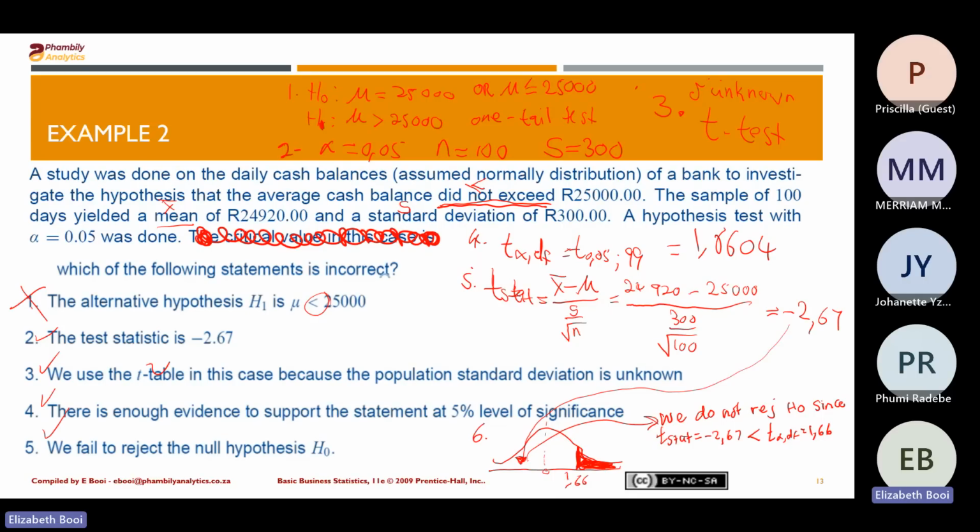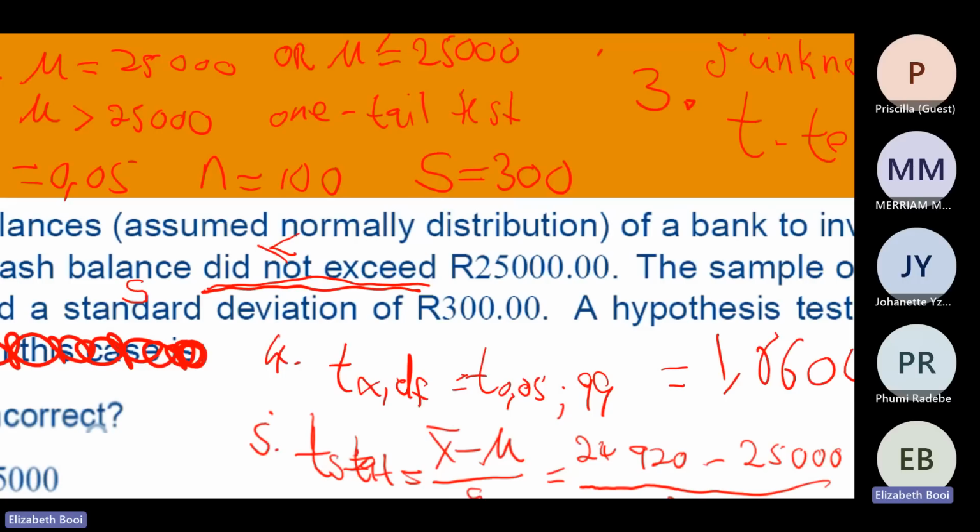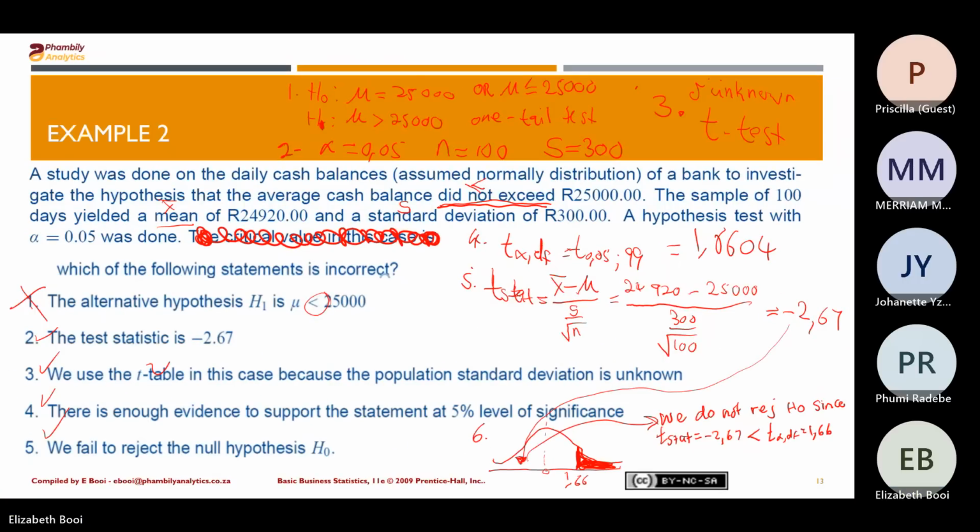So you can see that I've used step number 1, step number 3, step number 5, and step number 6. So almost all the steps have been used. And in order for us to get to step number 6, we had to use step number 4 because we needed to find the critical value.